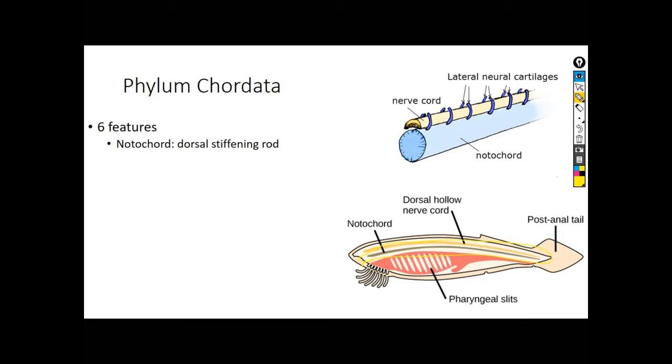So if we were to draw the same sort of organism without it, we can immediately imagine the benefit of having that sort of stiffening rod in it. An organism without this notochord is going to be very floppy.